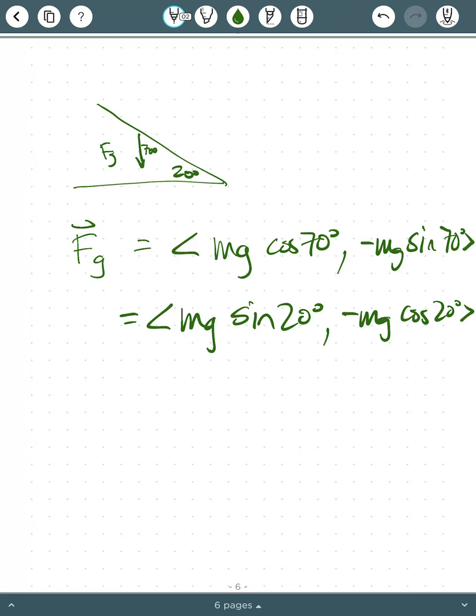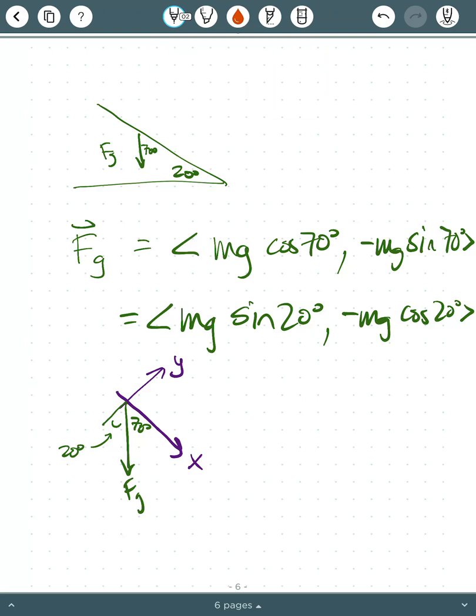So if we had drawn our x and y axis like this, this is my force of gravity again. This angle was 70 degrees. That means that this angle here is 20 degrees.